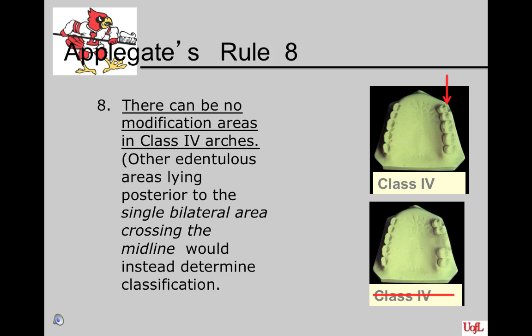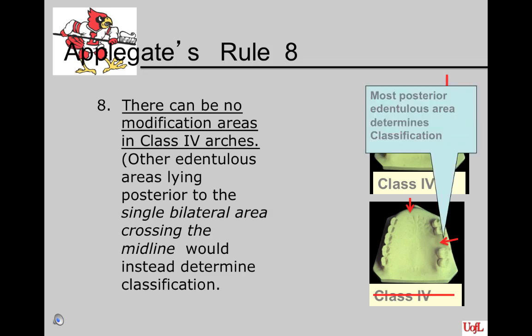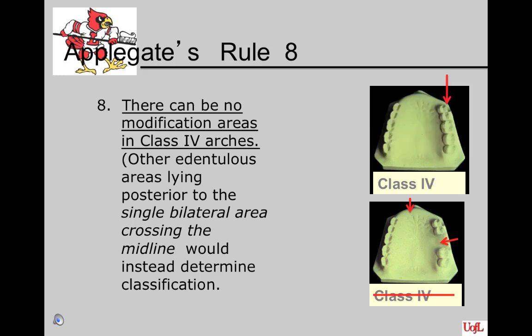If you look at the lower arch, this has an additional edentulous area. So let's classify it using Applegate's rules. What are we going to replace? We are replacing all the missing teeth. What is the most posterior edentulous area that determines classification? We have a unilateral edentulous space with teeth remaining anterior and posterior to it.